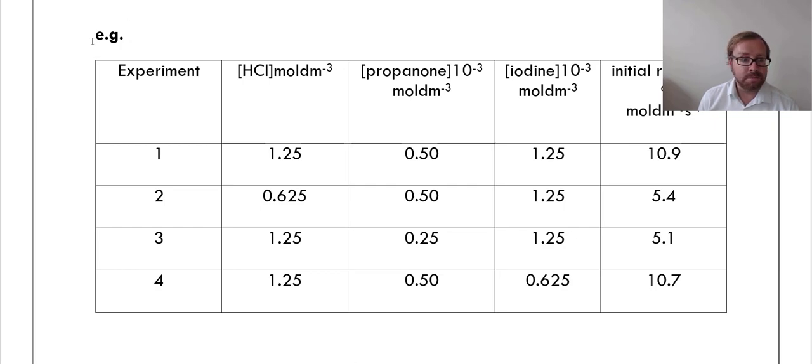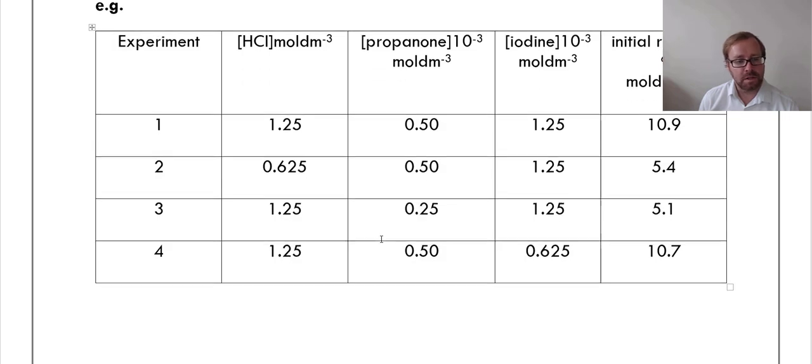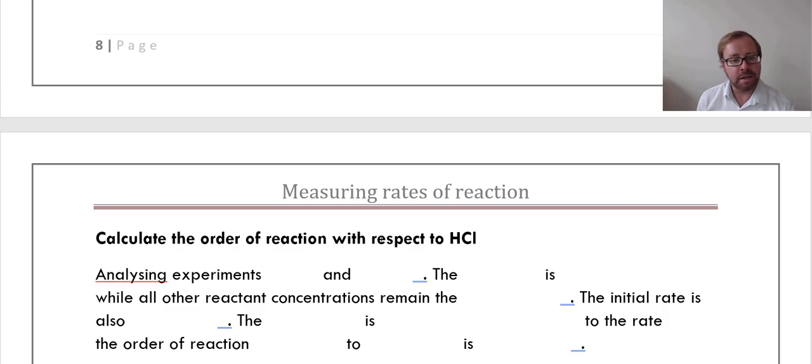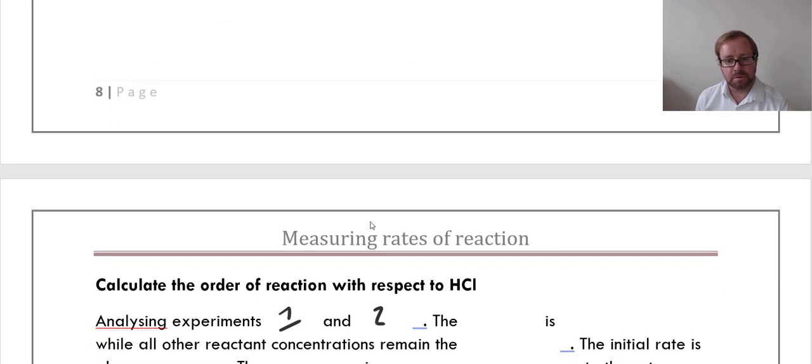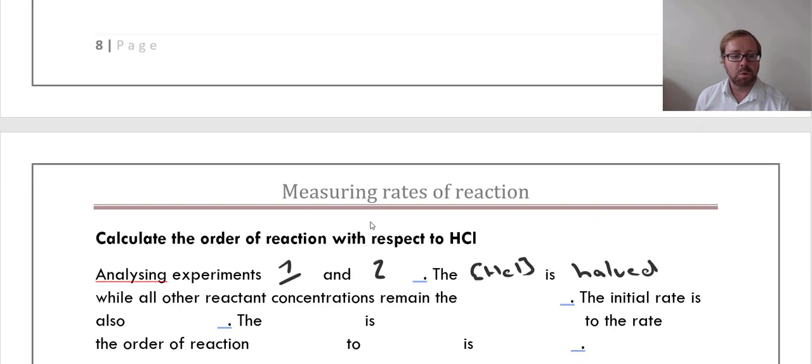So if you look at this table, between experiment 1 and 2, the HCl concentration changes, but the concentrations of propanone and iodine don't. And therefore, analysing experiments 1 and 2, the concentration of HCl between 1 and 2 is halved, while all other reactant concentrations remain the same.